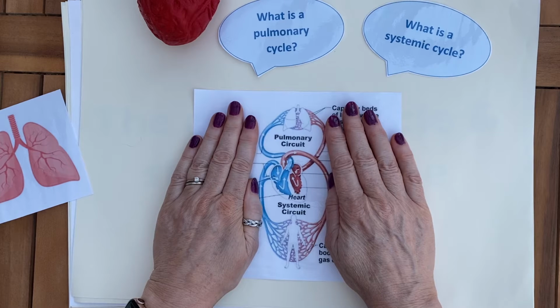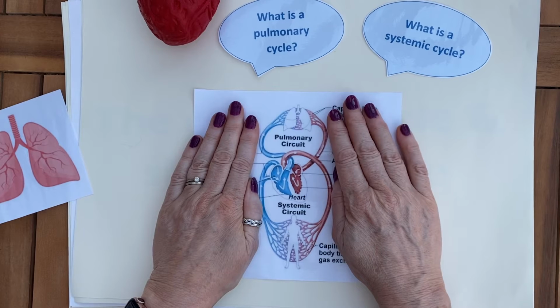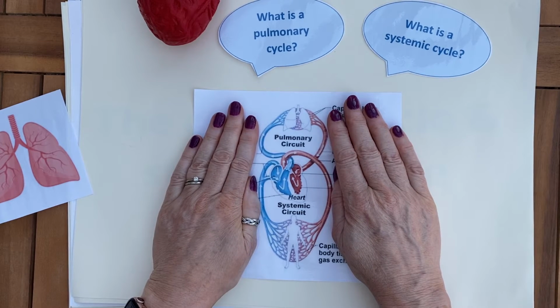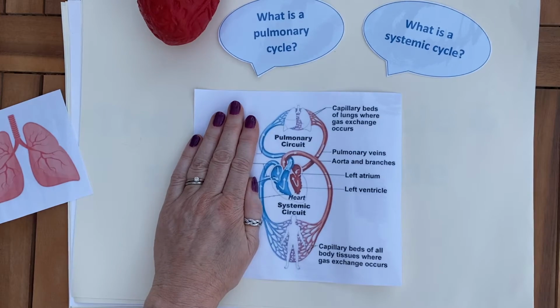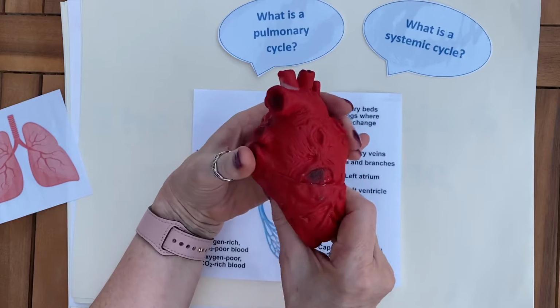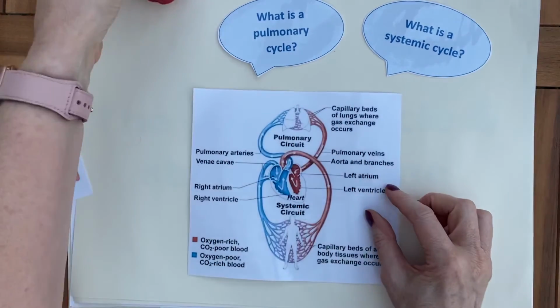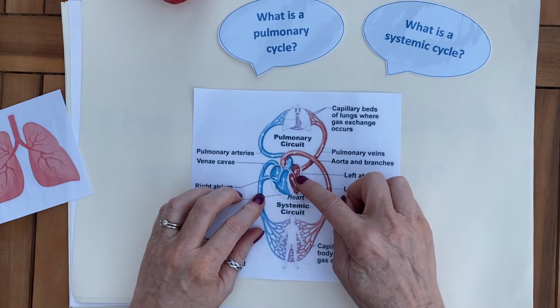This is a constant cycle, and it's about taking oxygenated blood to every cell and then bringing back carbon dioxide, which is the other gas that our blood is transporting back to the lungs to be exhaled out. So remember, this is happening, lub-dub, lub-dub, and we're looking at the different sides of the heart. This is the left-hand side.